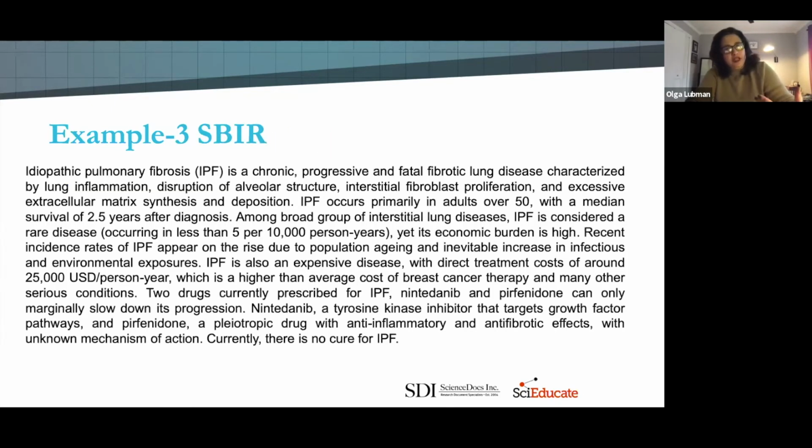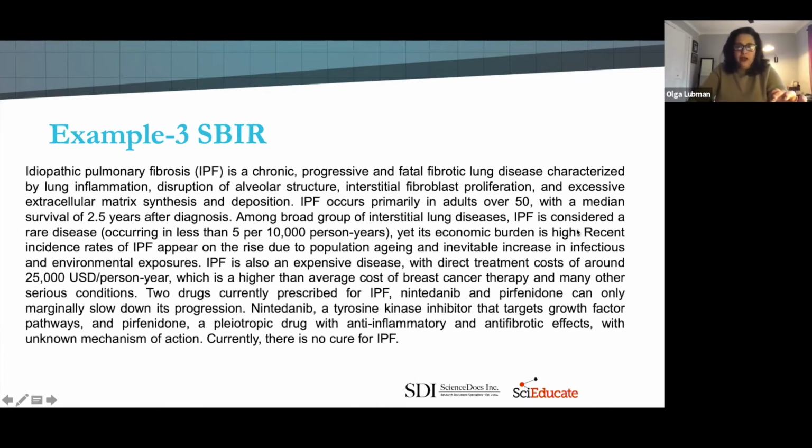What about an example if you're putting together a commercialization plan? Well, if you are writing an SBIR, your specific aims need to take into consideration not only the statement and the gap, the unmet medical need, but also you need to know a little bit about your market. For example, idiopathic pulmonary fibrosis is a chronic, progressive, and fatal fibrotic lung disease, and so on.